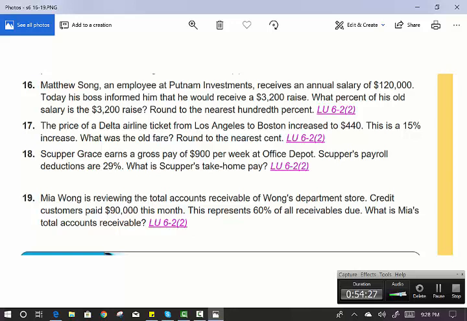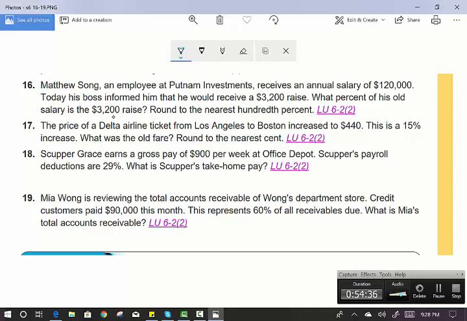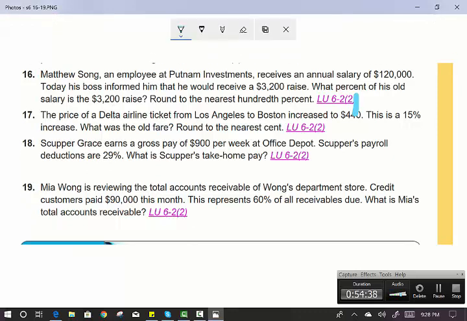I don't have a lot of room to work that one out, but it's asking me what percent, so I know I'm going to solve for the rate.